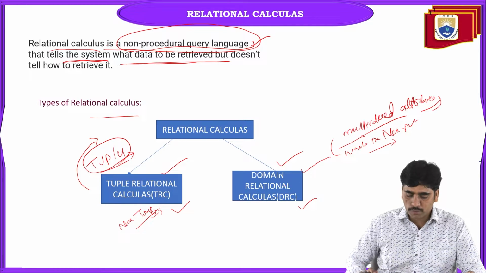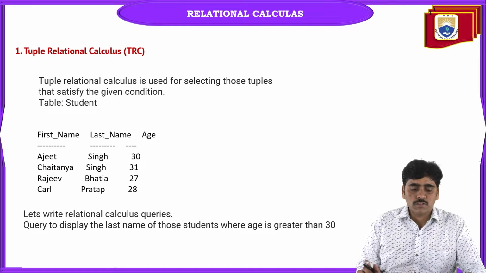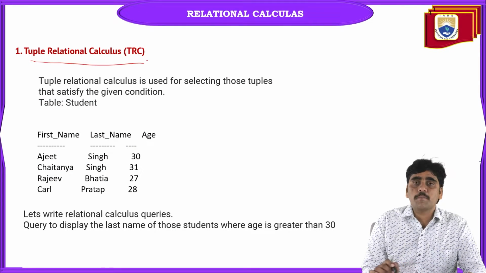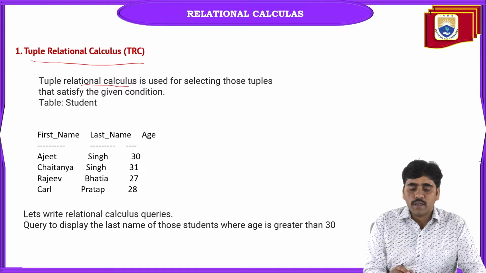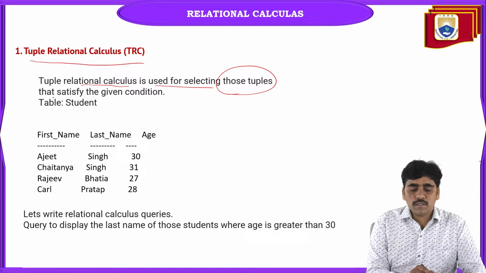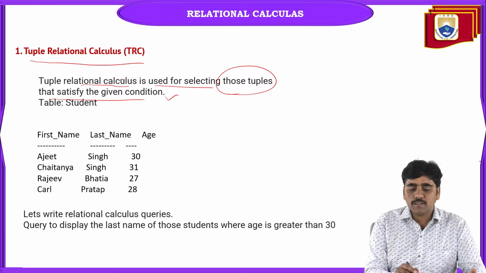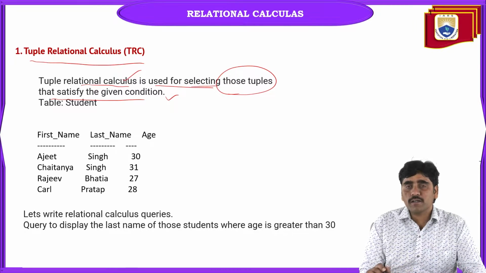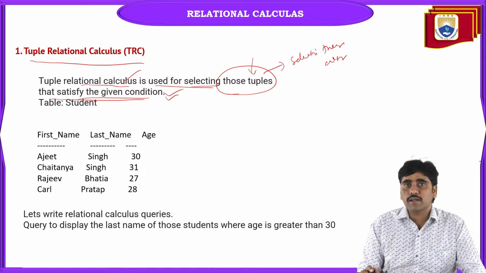Let me see how it works: tuple relational calculus as well as domain relational calculus. The first one is tuple relational calculus. Tuple relational calculus is used for selecting those tuples that satisfy the given condition. That is nothing but selecting those attributes that satisfy the given condition.